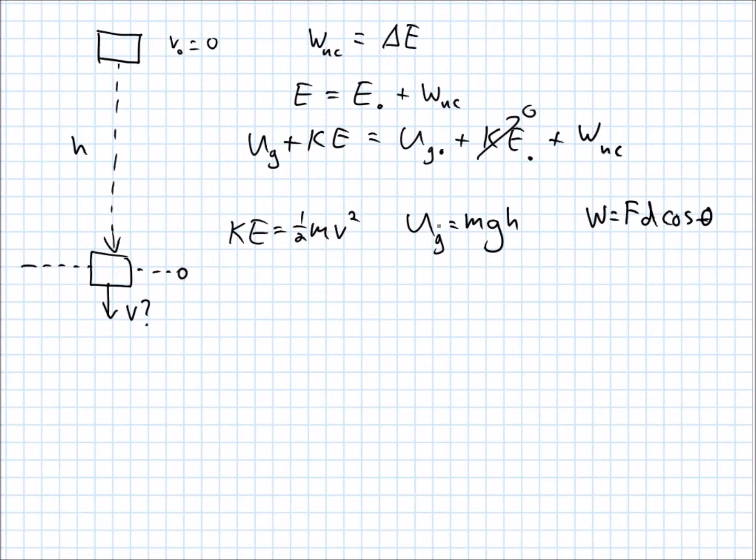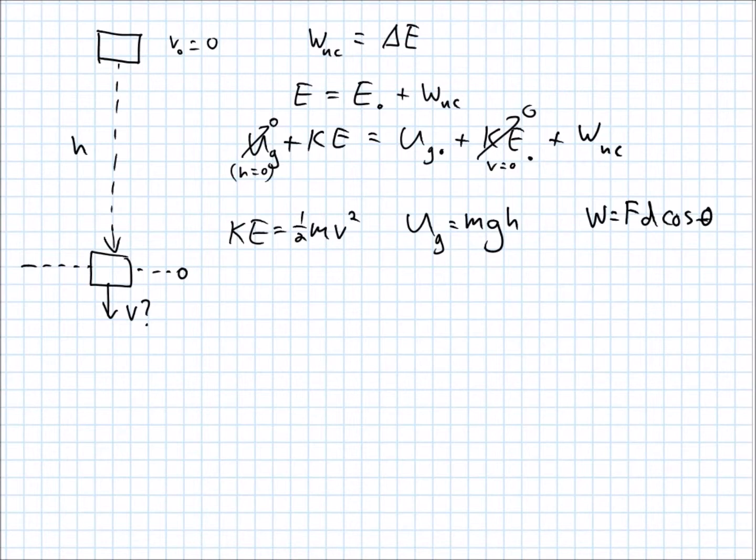So potential energy has height in it. If the height is 0, then the potential energy is 0. So this is our final case. So in the end, we have a potential energy of 0 because the height was 0. Right, and here because the velocity was 0. Okay, so we've simplified it a little bit.